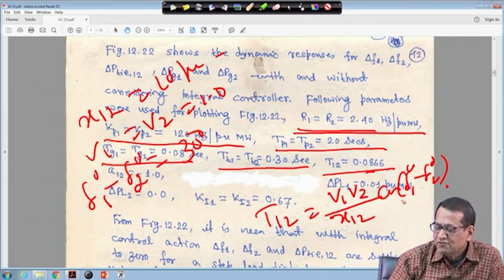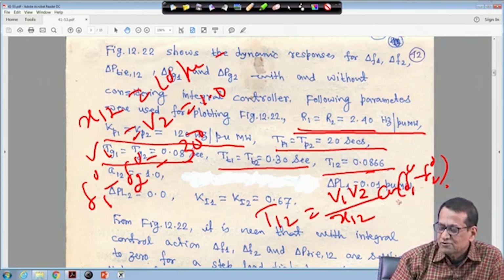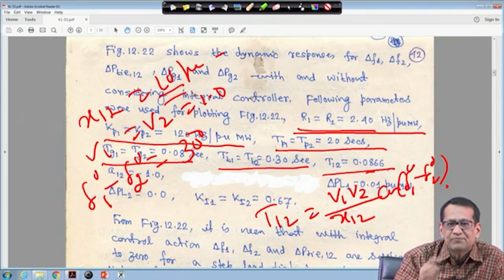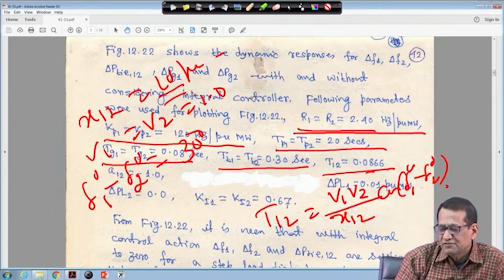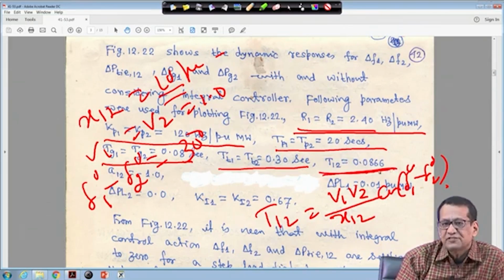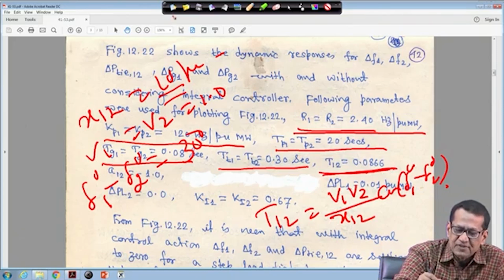So, it will be cos 30 upon 10, because X12 we have taken 10 per unit. Cos 30 is 0.866 divided by 10, 0.0866, that is why T12 is 0.0866, right.